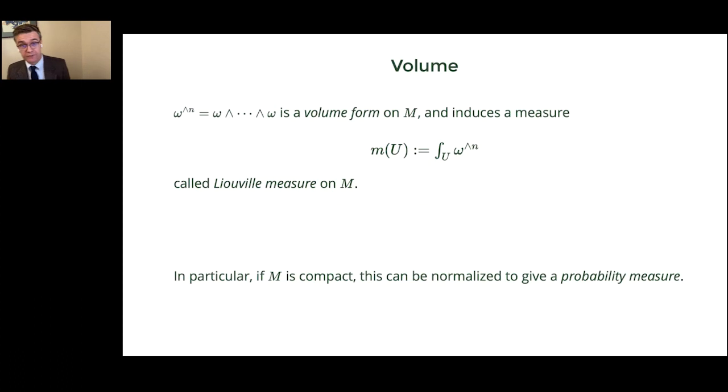In particular, if my manifold is compact, then this is going to be a finite measure, and therefore I can normalize it to give me a probability measure. So whenever you're on a compact symplectic manifold, you automatically have a canonical probability measure at your disposal. And that's in some sense the reason I started thinking about symplectic geometry in these sorts of contexts to begin with.